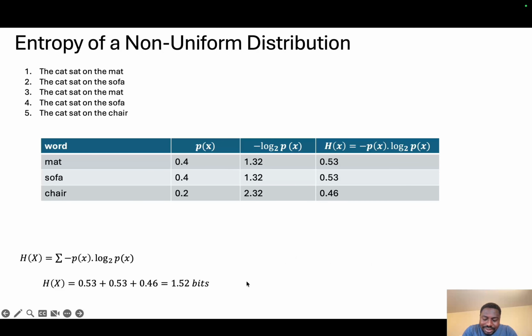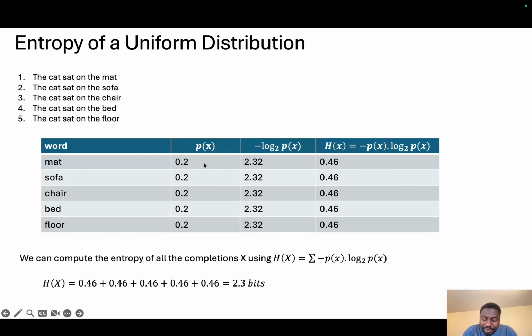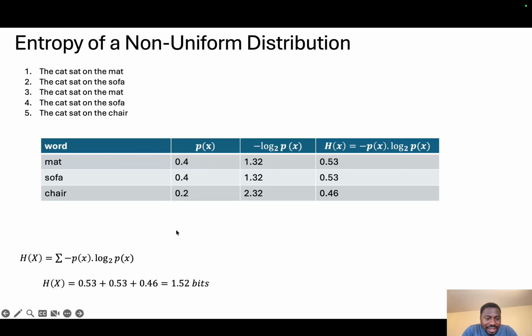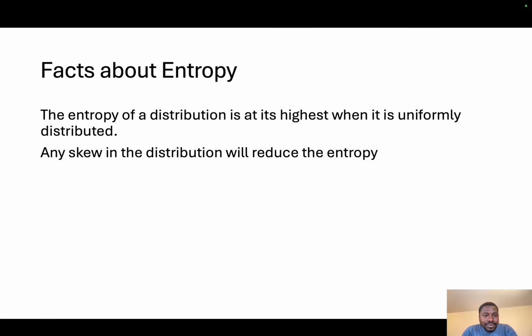And that's because this one is a uniform distribution, while this is a non-uniform distribution, which has lower entropy because some items are more likely than the others. So this brings us to the facts about entropy.